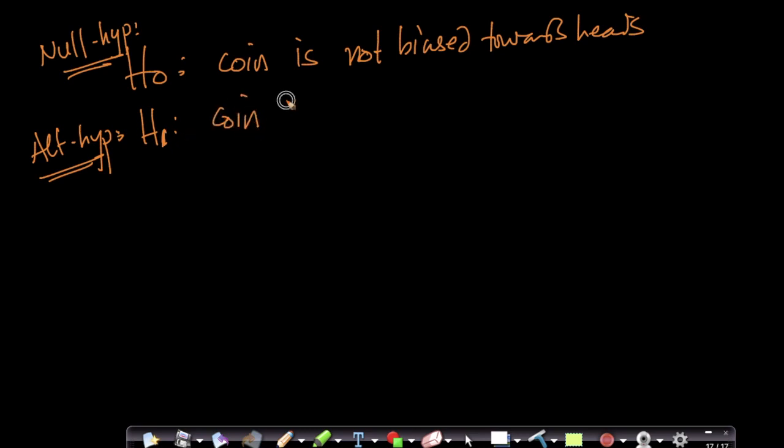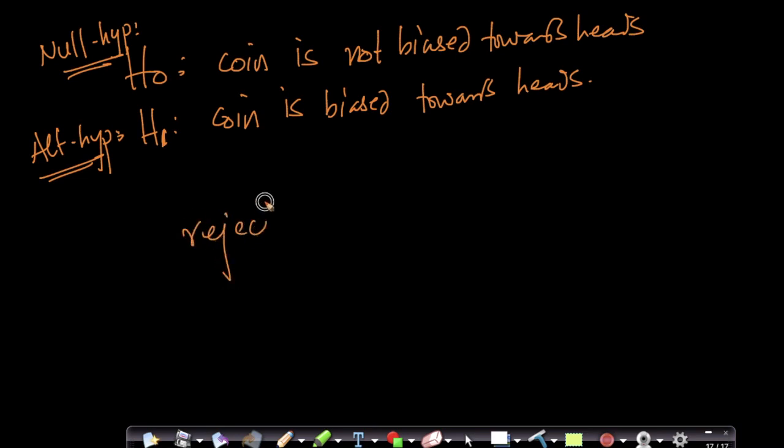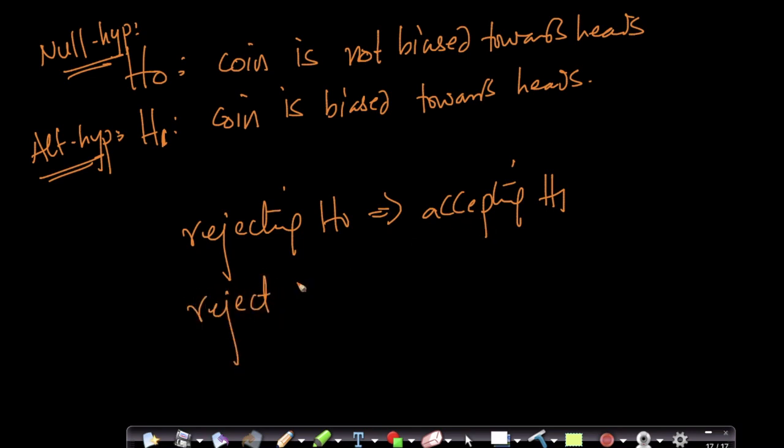It is that the coin is biased towards heads. So rejecting H0 is equivalent to accepting H1. Similarly, rejecting H1 is equivalent to accepting H0.